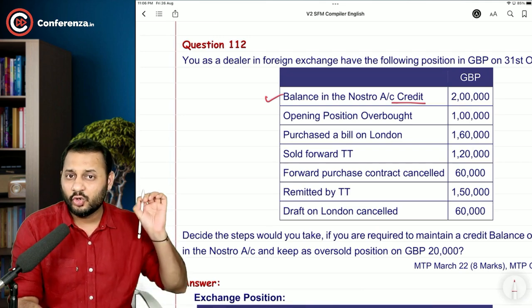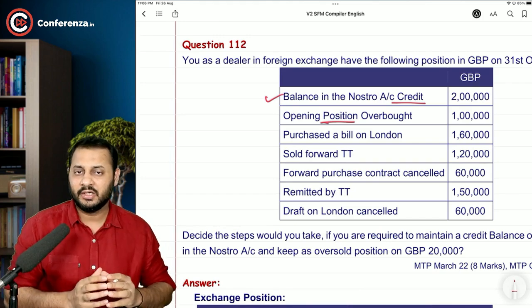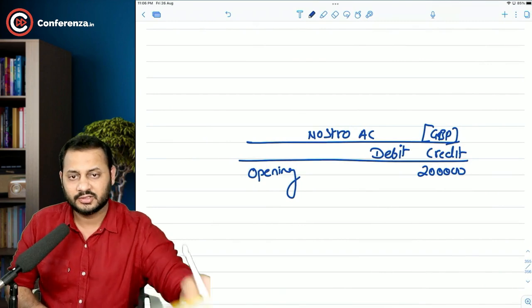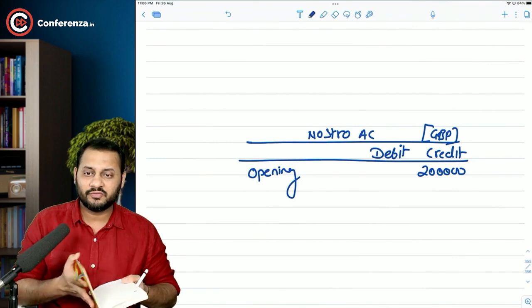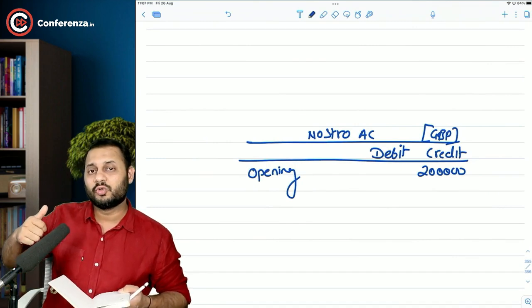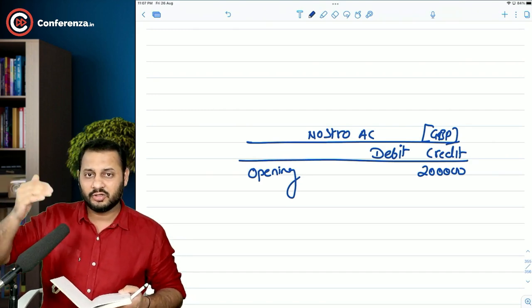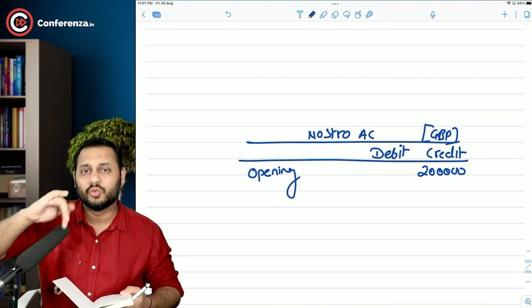Opening position overbought. Now this is just a position in GBP. Let's say, for example, there is a register, and when you close it and open a new register, what are you going to do on the first page? You are going to write down the totals of all the previous positions: total of buying, total of selling, and the net position, overbought or oversold.